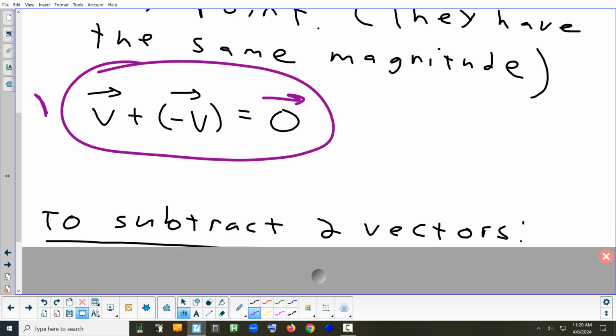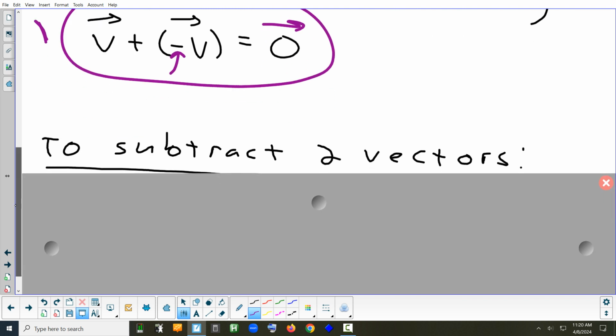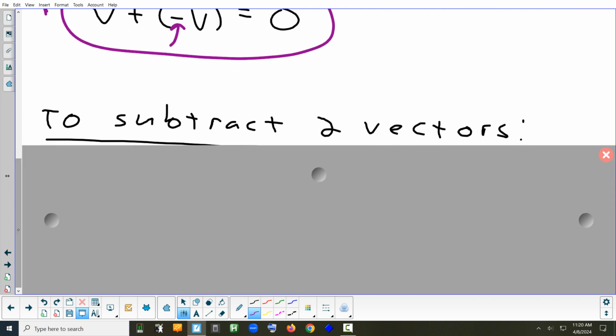So we can use this idea to subtract two vectors. The way we're going to subtract two vectors is pretty much the same way we did addition. How could you think of that problem as an addition problem?